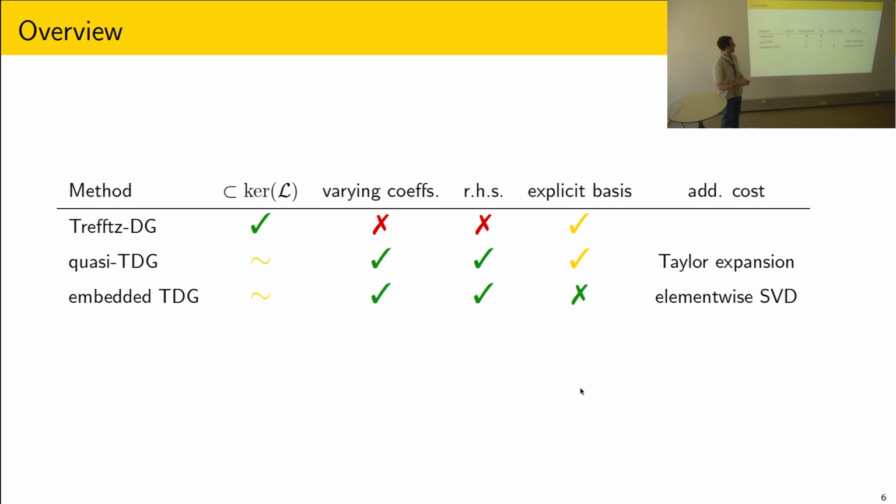And constructing them will be very difficult, so usually we cannot treat varying coefficients. Of course, we are looking at functions that are in the kernel of our operator, so they will not approximate well once we have a right-hand side involved. And the benefits of TrefftzDG, of course, are that we have explicit basis functions usually if we have constant coefficients and no right-hand sides that approximate well.